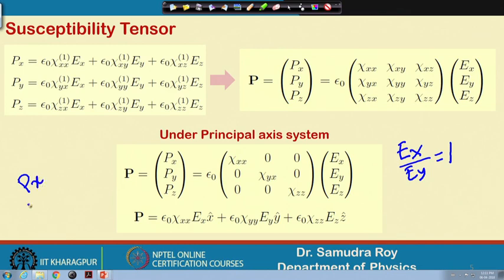As I mentioned, if I take Px and Py, their ratio is chi xx over chi yy.